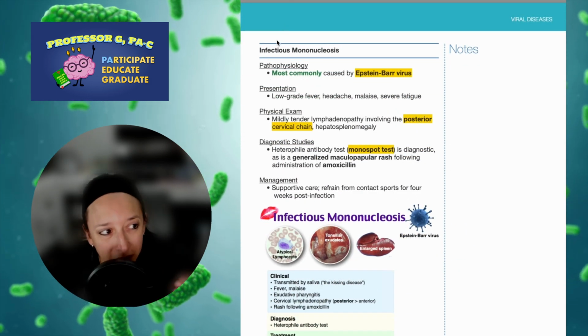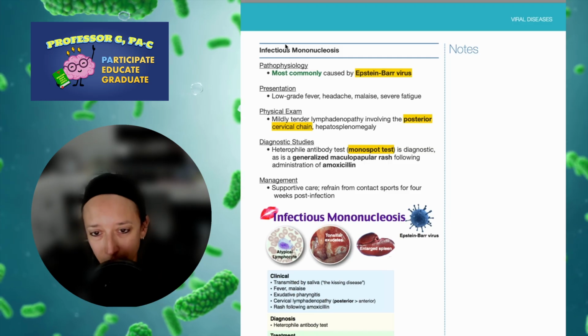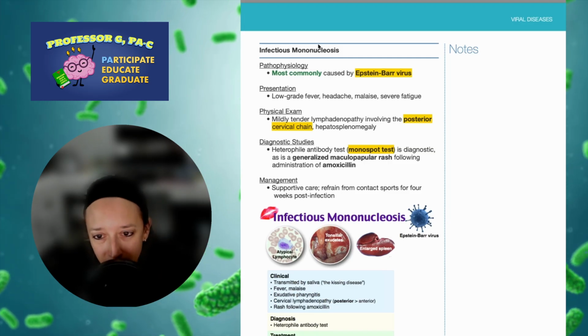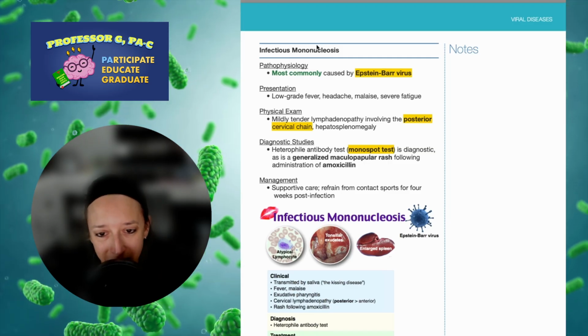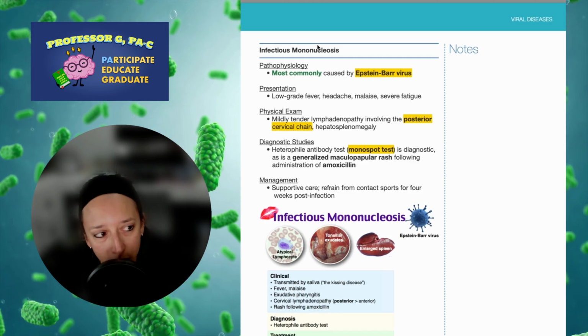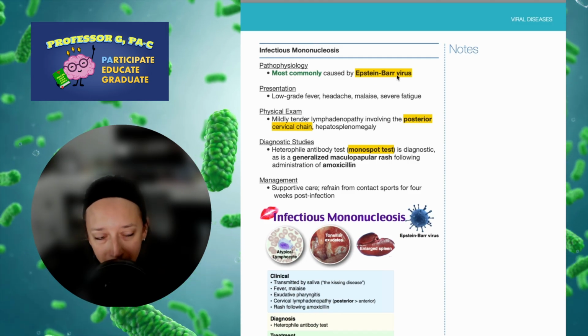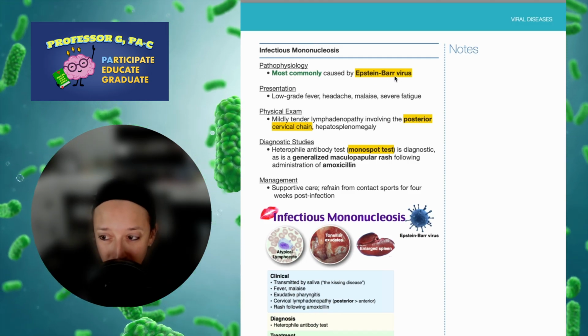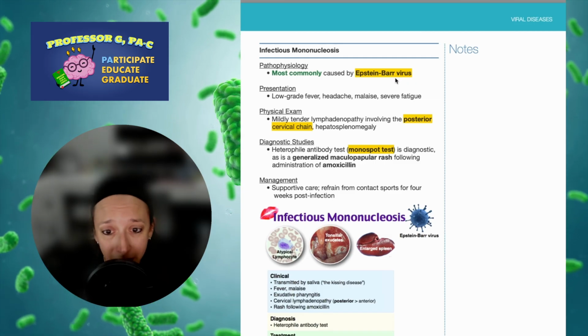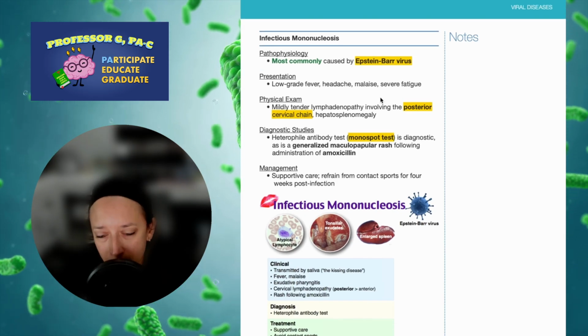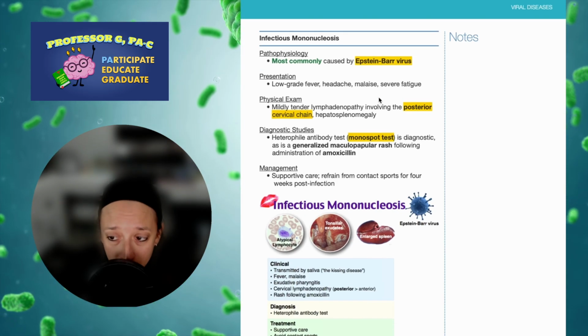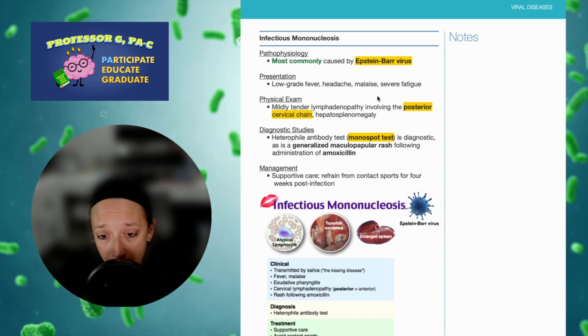All right, so next up we have infectious mononucleosis caused by the Epstein-Barr virus. Everyone knows mono. We covered it in the ENT section before, so this should be a quick review. It's most commonly caused by Epstein-Barr virus and transmitted through saliva, hence the kissing disease, right? Presentation, we're going to see the fever, sore throat, posterior cervical lymphadenopathy, which is key, and fatigue.